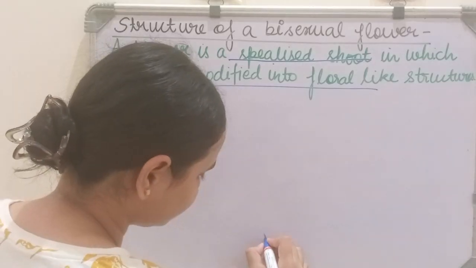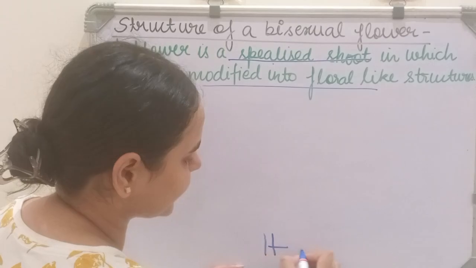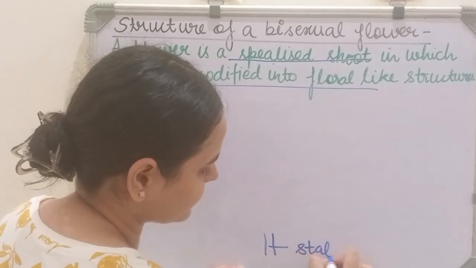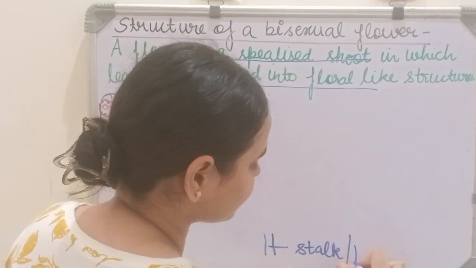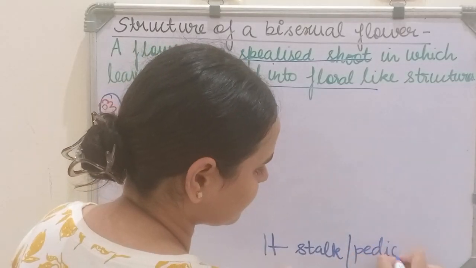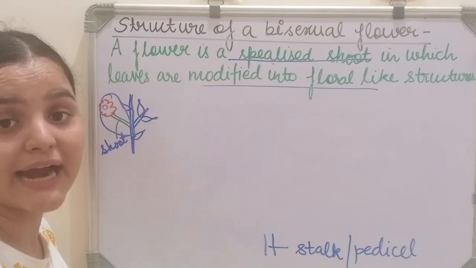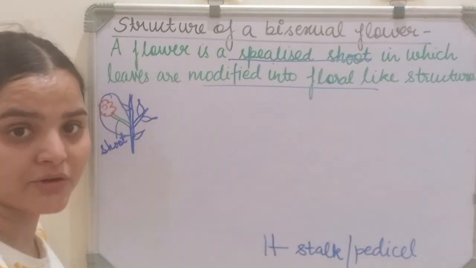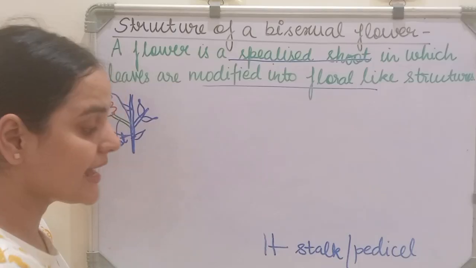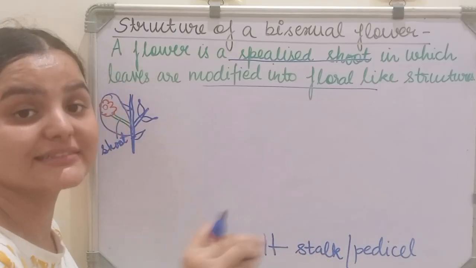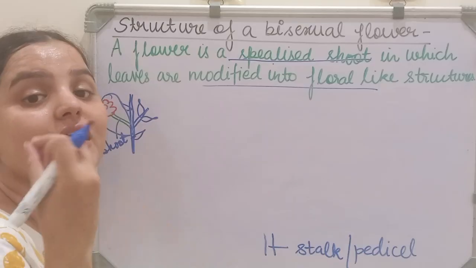So this is the stalk that I am drawing. This stalk is also known as pedicel. It is a tiny stem that supports the flower. It is responsible for supporting the flower. And if this stalk is absent in any flower, that flower is known as what?